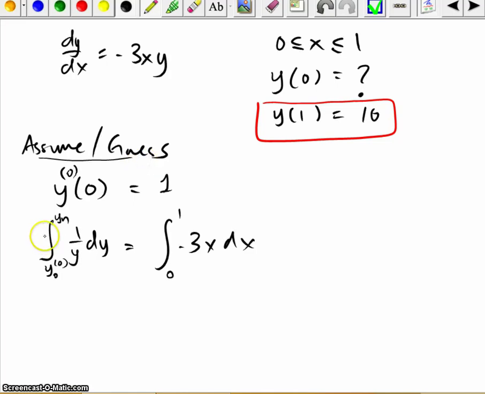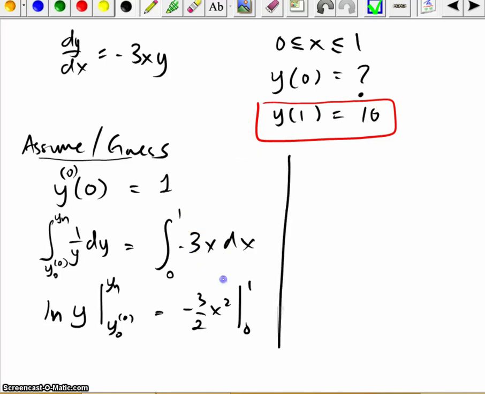Basically you can integrate this, you'll get log y from y0 to yn, and this would be equal to minus 3 over 2 x squared from 0 to 1. Just substitute in these values and you'll get log yn minus log 1, because we have assumed our initial value to be 1. So this would be equal to minus 3 over 2.